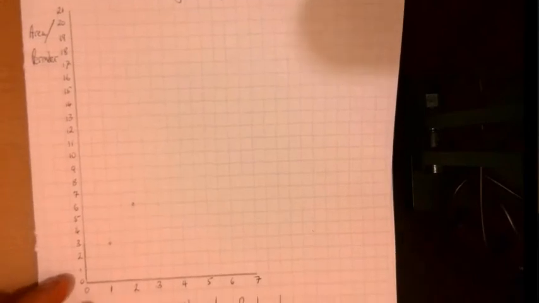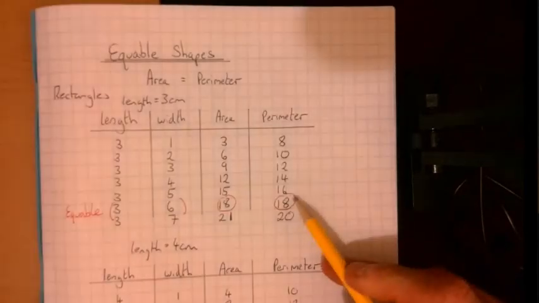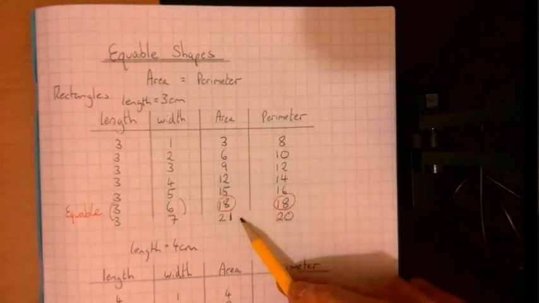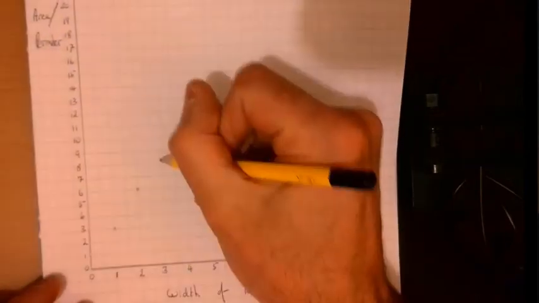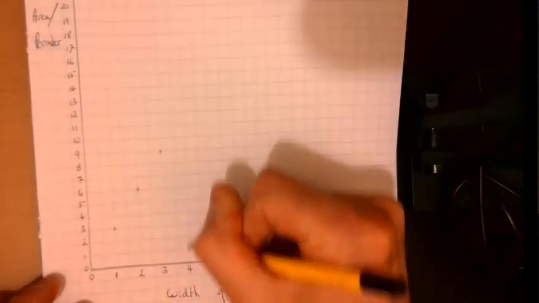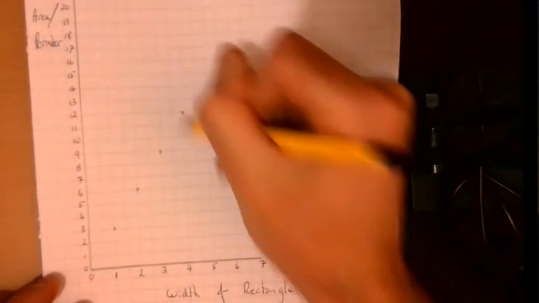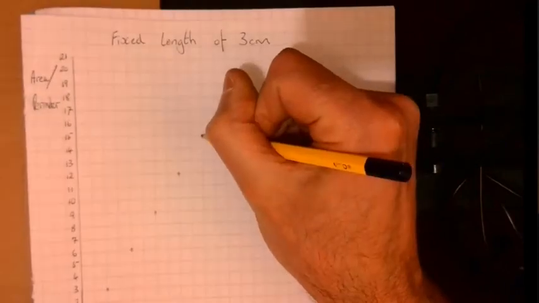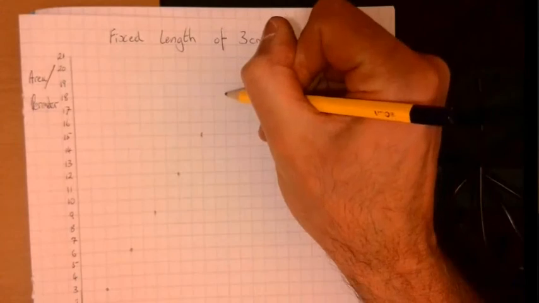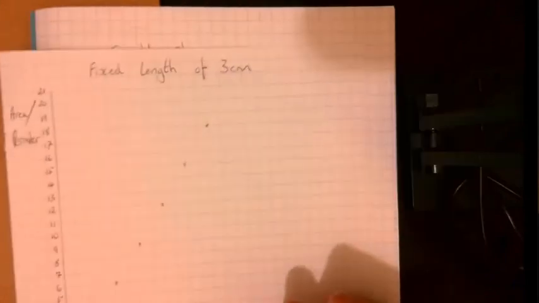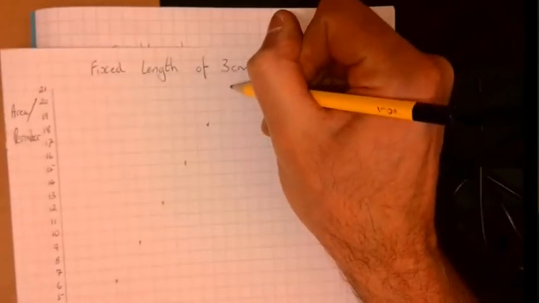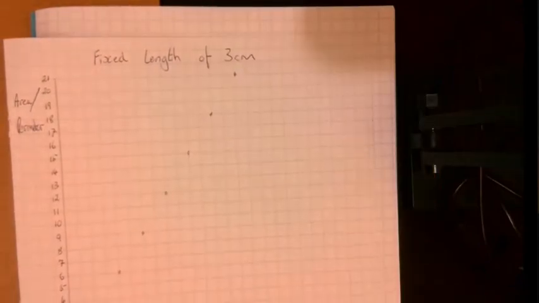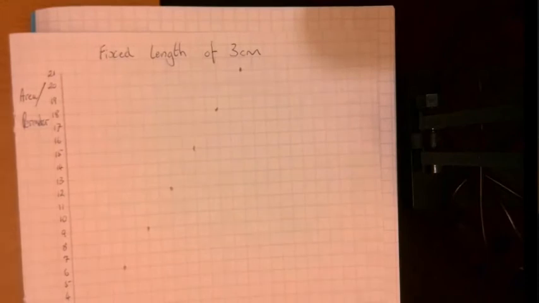For 3, we've got an area of 9, and then it goes 12, 15, 18, 21. So I'm going to plot the other points on. 3 goes with 9, 4 goes with 12, 5 went to 15, 6 went to 18, and 7 went to 21. Now let's join those together.